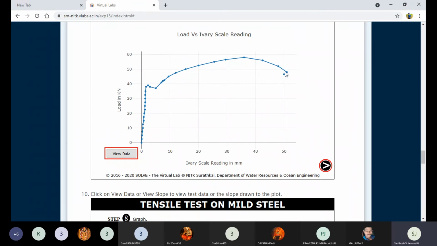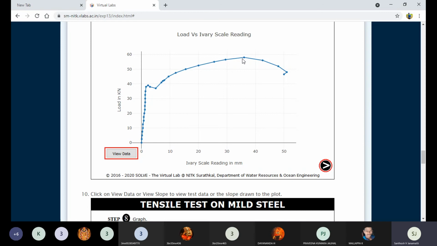Up to this point the material will withstand the load, but the load value increases: 40, 60, 70, 80. Here we can identify this is 60, the maximum. The yield may happen around 40, I think 45.